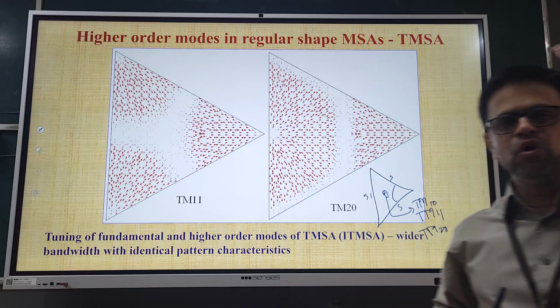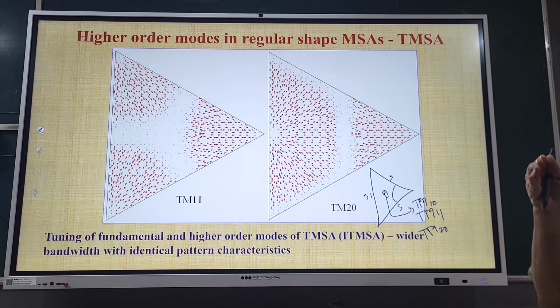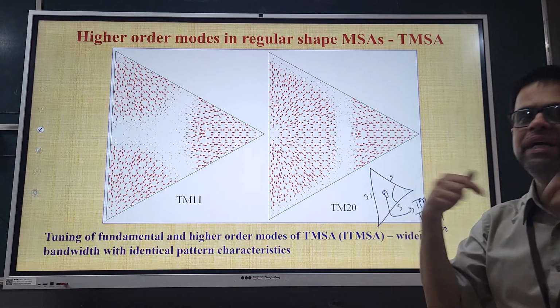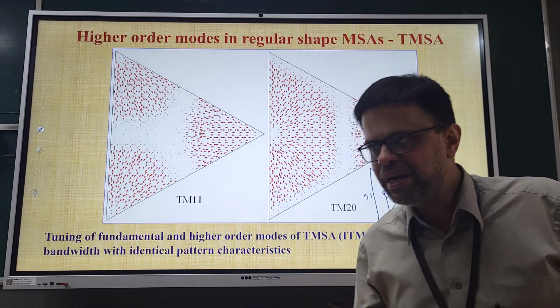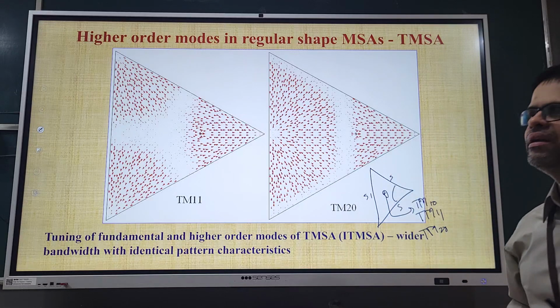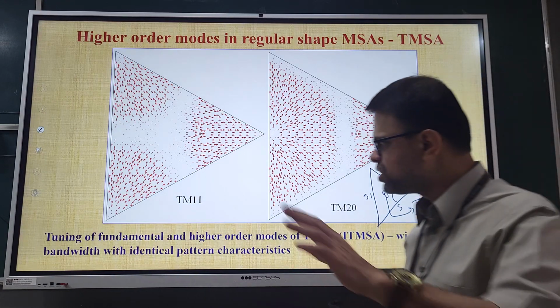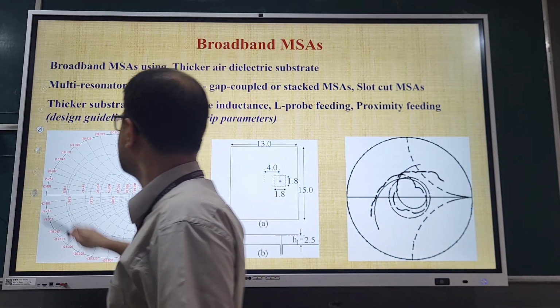So when we go to the broadband microstrip antenna, resonant slot cut designs are there, and you may not understand them at this moment of time, but they are the most optimum configurations which we'll do later. There, this concept of multiple tuning of modes using a slot or some modifications is employed. So a single patch can give me a fantastic increment in the bandwidth. Those things we'll do later when we go to the broadband microstrip antenna design.